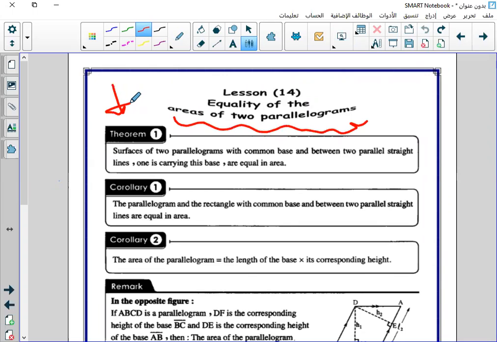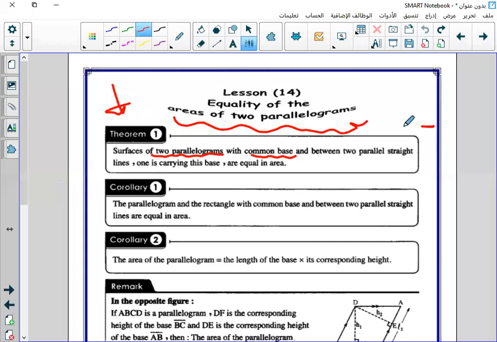The surfaces of two parallelograms with a common base and between two parallel straight lines, one of which is carrying the base, are equal in area. So we have two parallelograms with a common base. What is the meaning of common base?